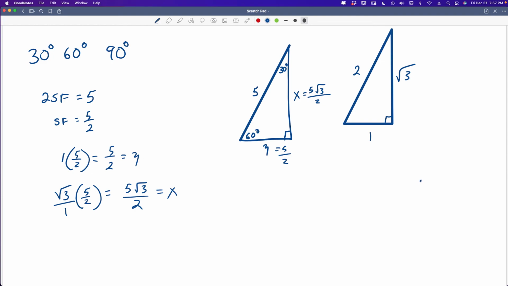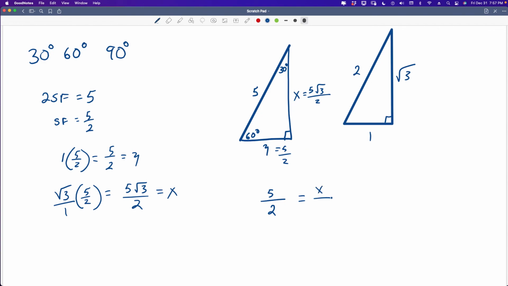All right, if you have any questions about scale factor, feel free to ask. Another way that you could do that is by simply putting the ratios together. So you would have 5 big over little, 5 over 2, and 5 corresponds to x. They're on the same triangle.